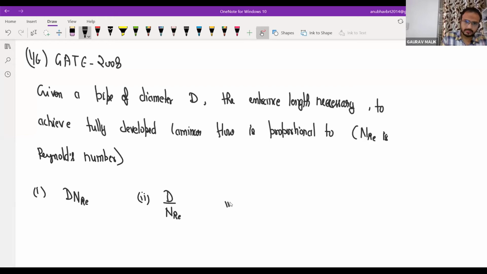D by NRE, D into NRE square, and D by NRE square. Which one is correct one? I need correct answer from every student.